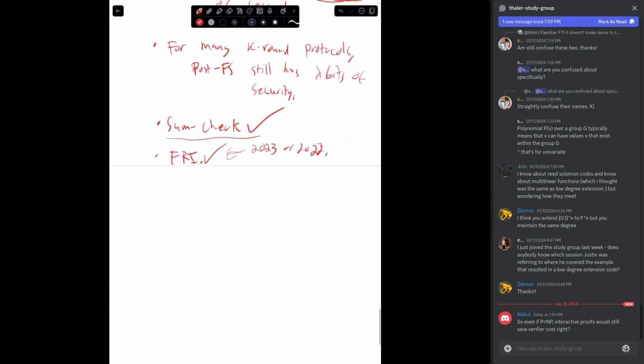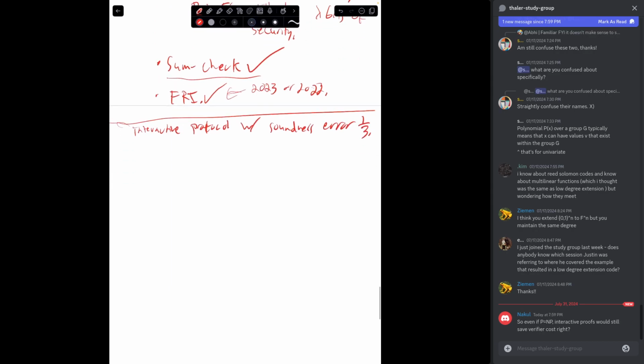There's a canonical example of something that's not Fiat Shamir secure. Say you have an interactive protocol with soundness error like a third or something, so not cryptographically small.